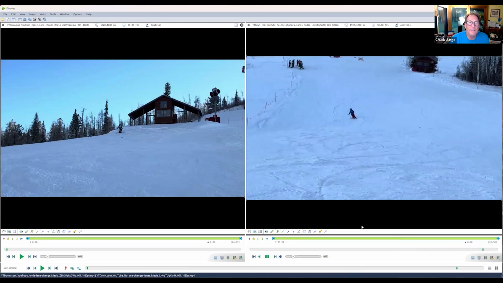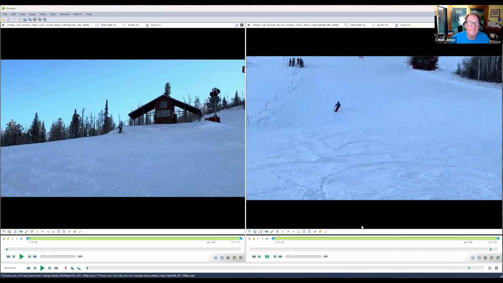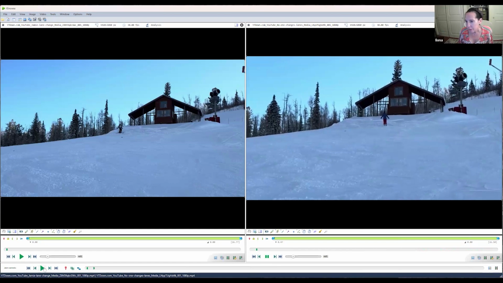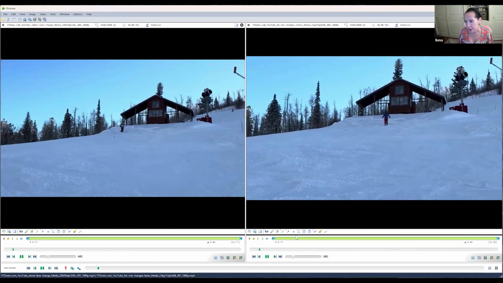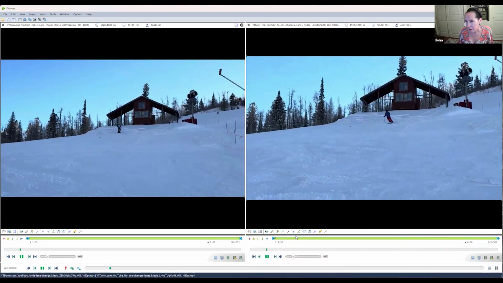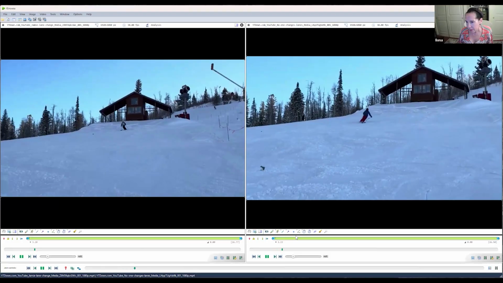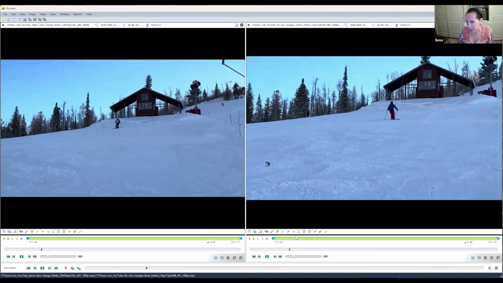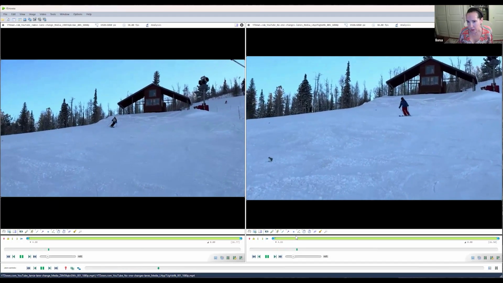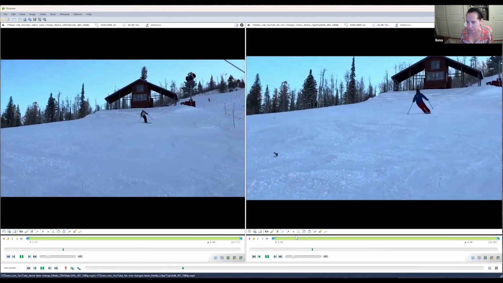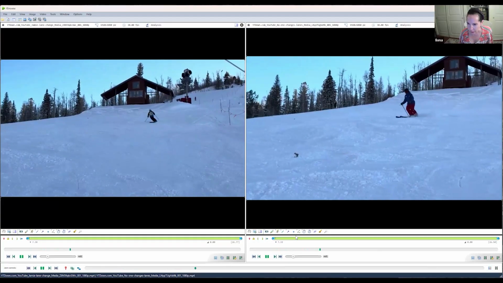When and where? At initiation of the turn, through the shaping and finish. It looks to me as if that occurs in all three phases of the turn.